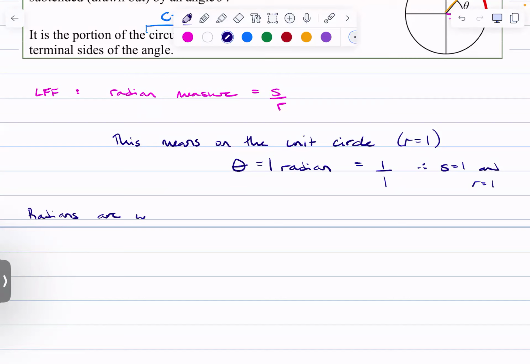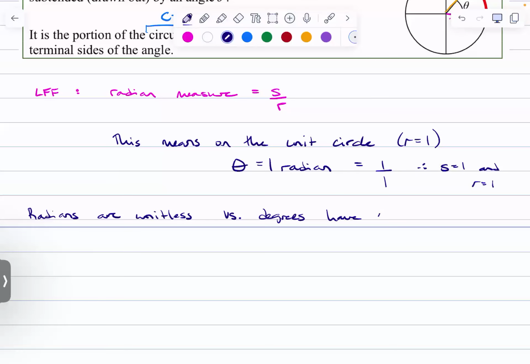Radians are unitless versus degrees. Well, degrees is the unit.